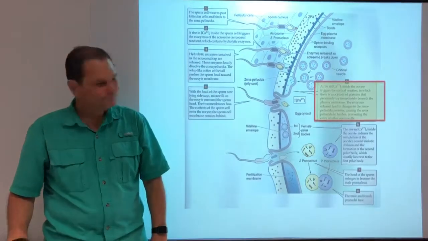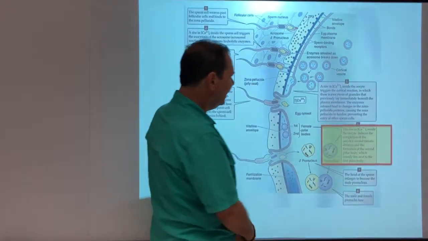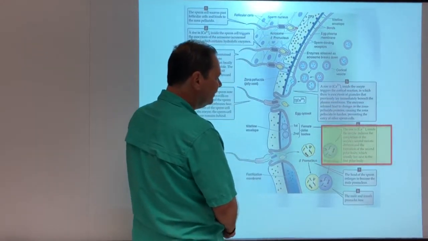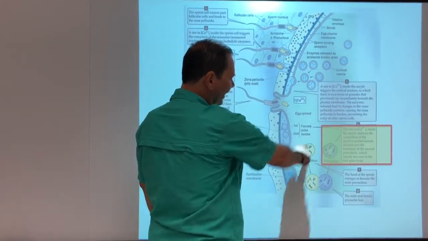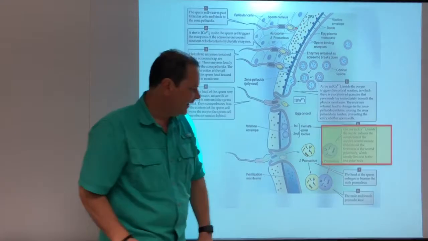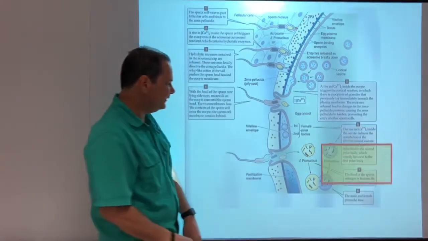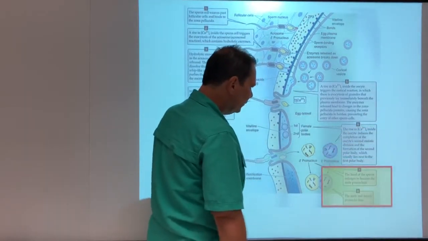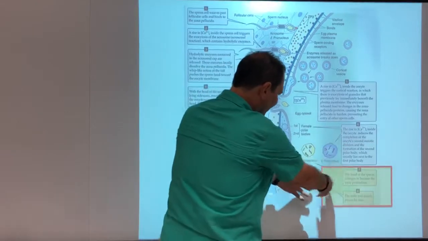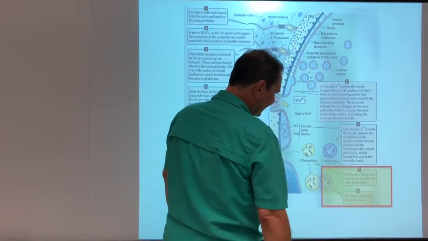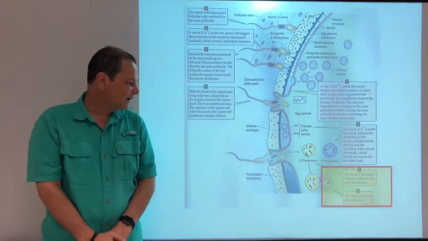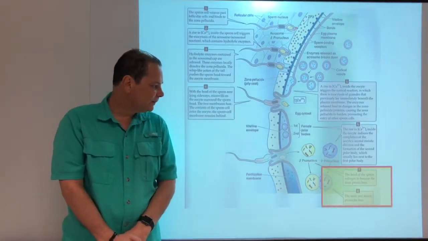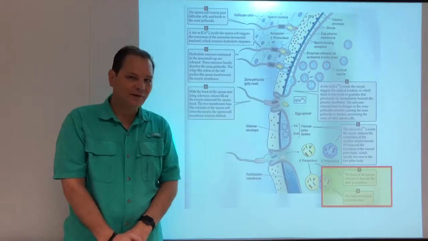Okay? The rise in calcium also induces completion of the second meiotic division, and then these two nuclei come together and fuse, and you get a genetic recombination and a new thing. Okay.